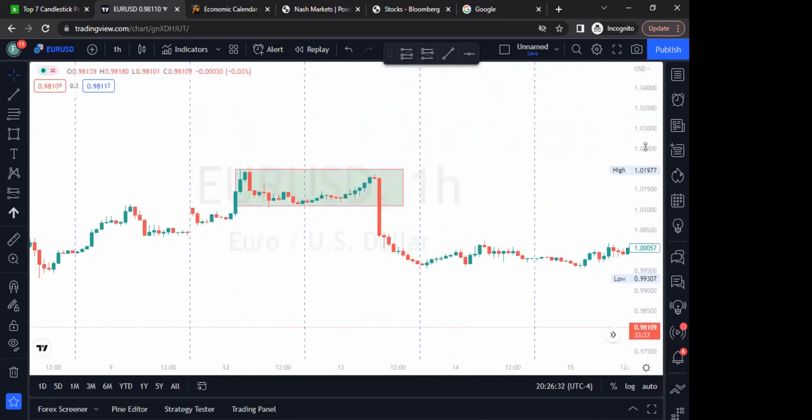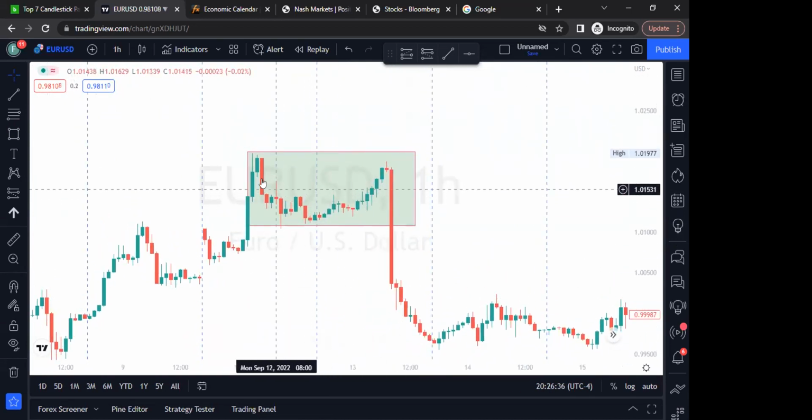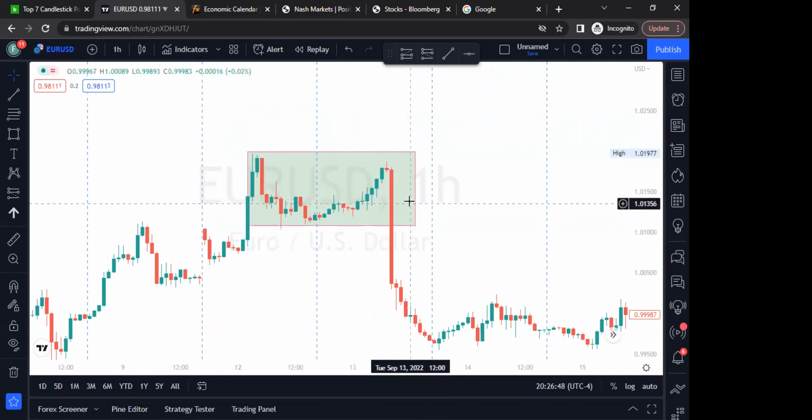We call this consolidation simply because these candles didn't continue making higher highs or higher lows. They just bounced up and down within a range, which is why we call it a ranging market as well.